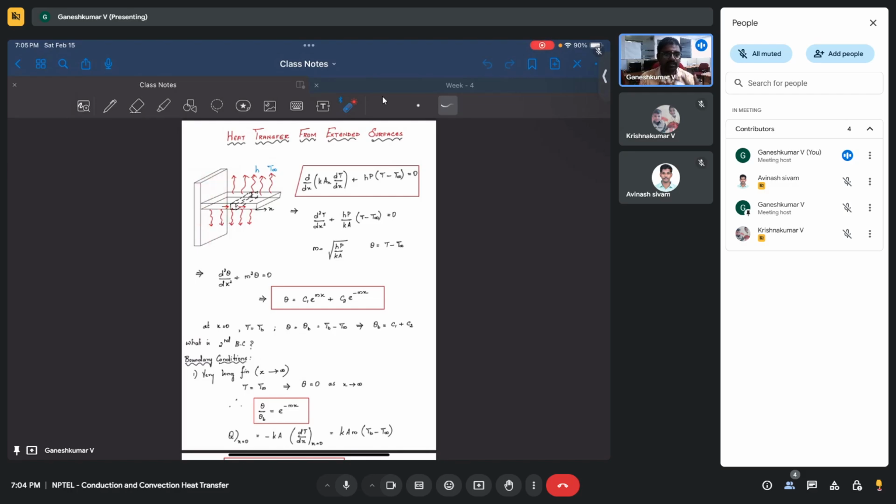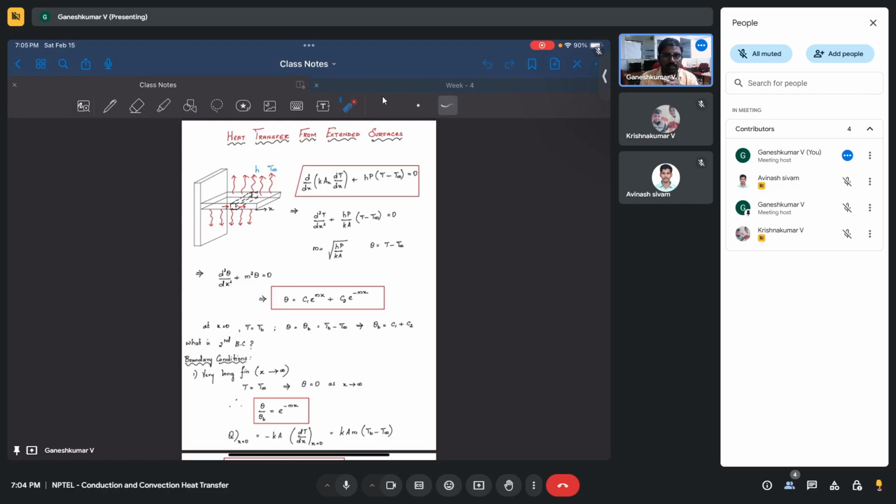So this can be anything. It can be either a furnace wall, or even your engines. For example, in your two-wheeler engines, there will be a lot of fins attached. It's just a piston cylinder going up and down, a cylindrical engine, and surrounding it there will be a lot of aluminum fins attached.